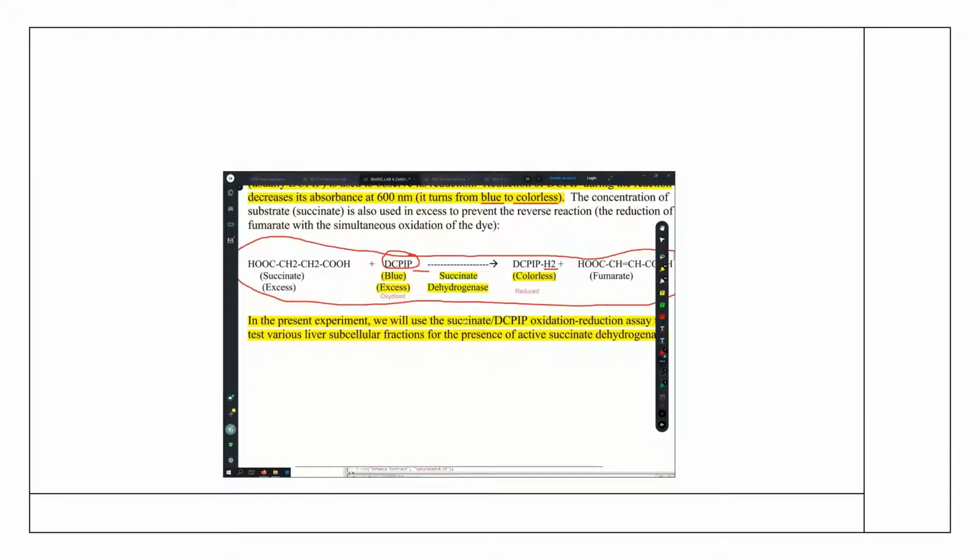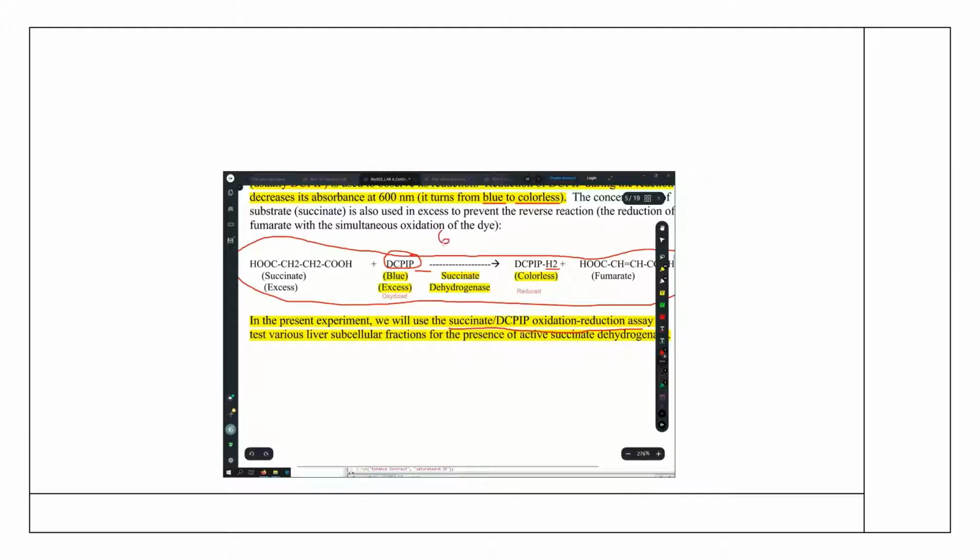So in the present experiment, we will use the succinate DCPIP oxidation reduction assay to test various liver subcellular fractions, and those are the 6 fractions that we talked about earlier, for the presence of active succinate dehydrogenase. Okay, so now that we know what's happening and what we're testing, remember we have 6 fractions, so we're going to test each of them for the presence of this enzyme.